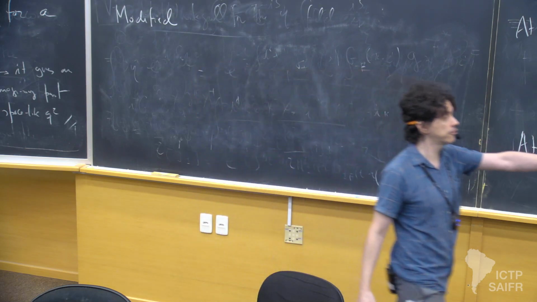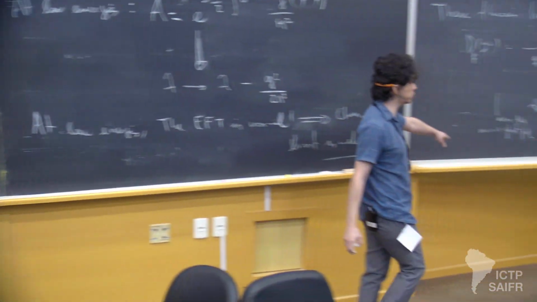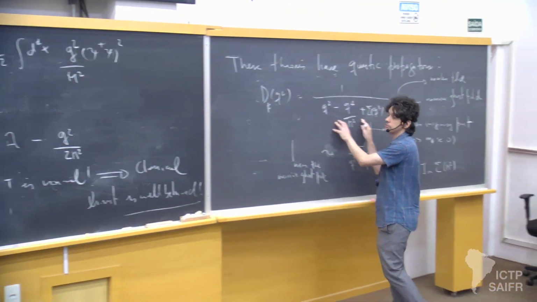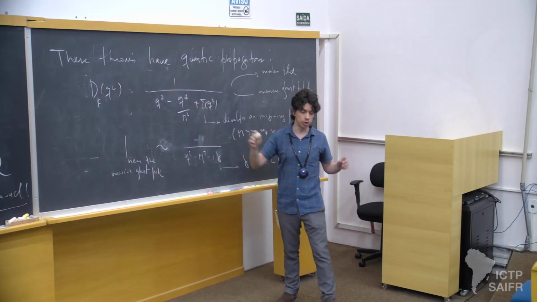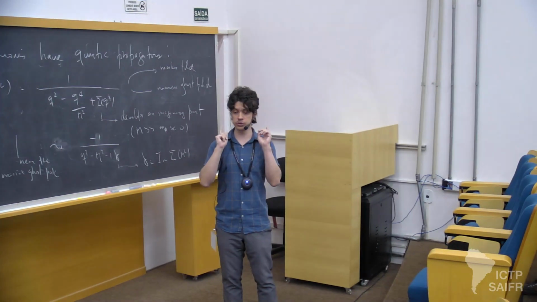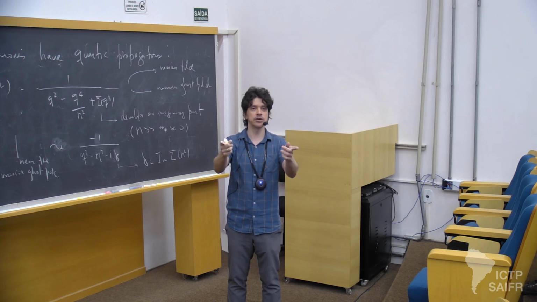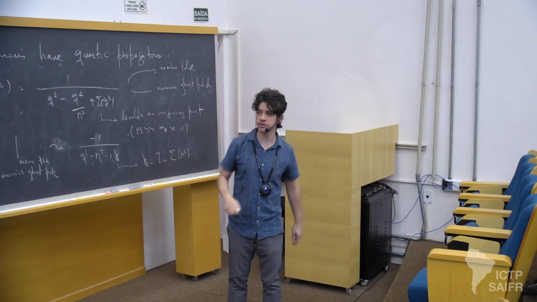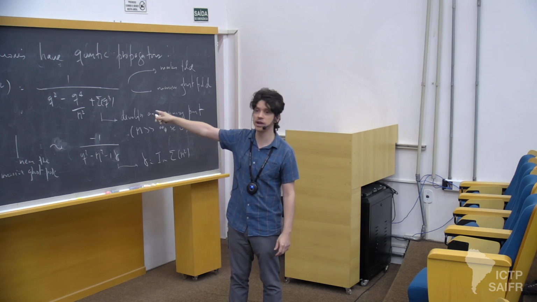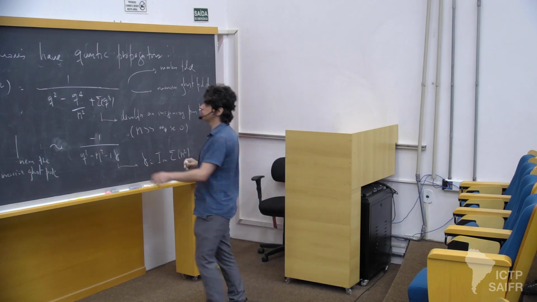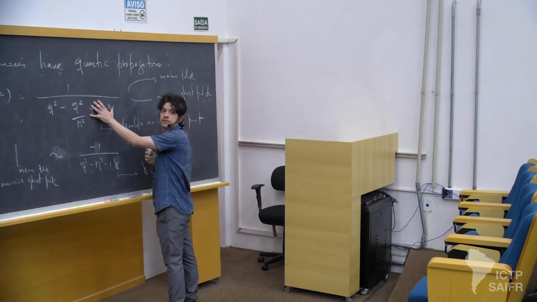This is enough once you are close to the massive ghost pole. Of course, this part is enough. But if you want to have a description which manifests these two particles propagating in your theory, then you would be tempted to write something like that, using partial fractions, right? Because suppose you didn't have this quantum correction.